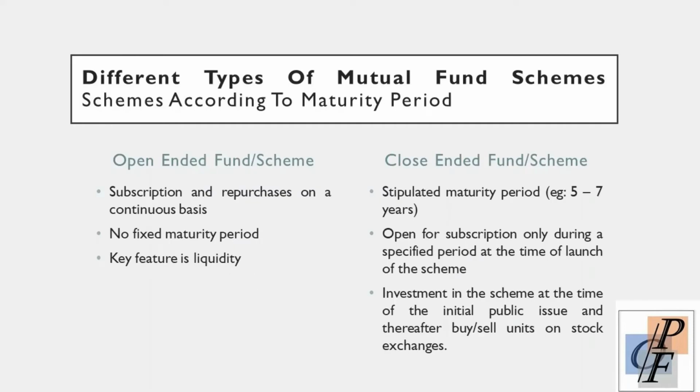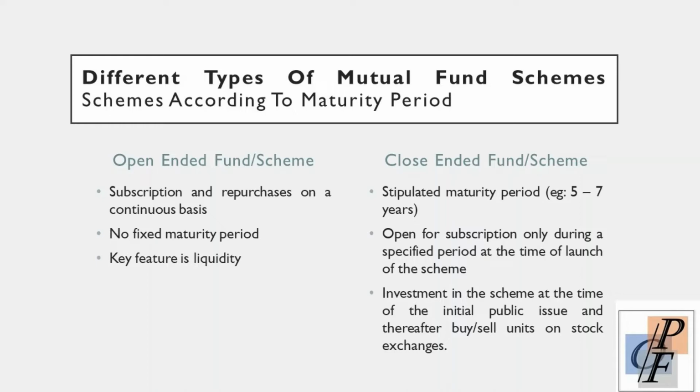There are different types of mutual fund schemes. One is based on maturity period. One can be an open-ended fund or scheme and the other a close-ended fund or scheme. Open-ended funds are based on subscription and repurchases on a continuous basis. They don't have any fixed maturity period and their key feature is liquidity.